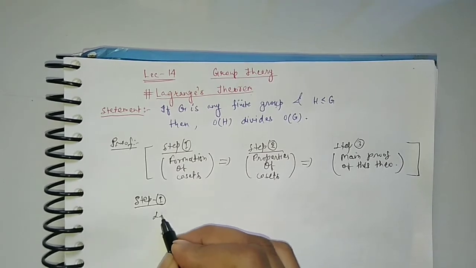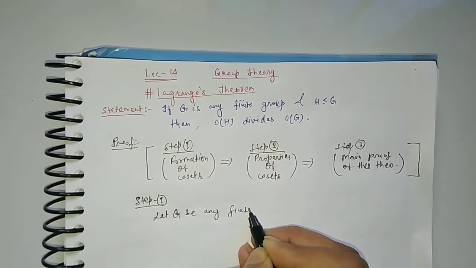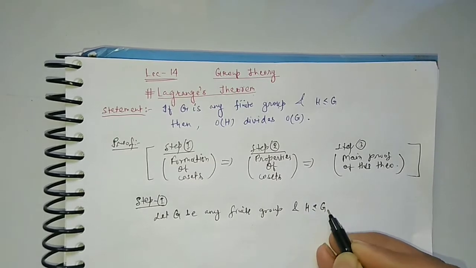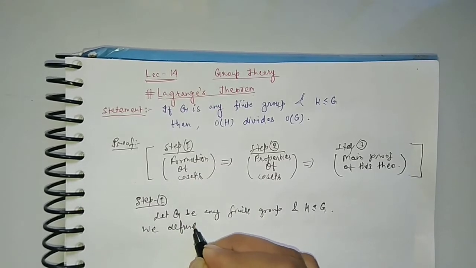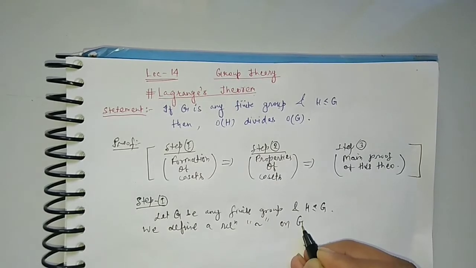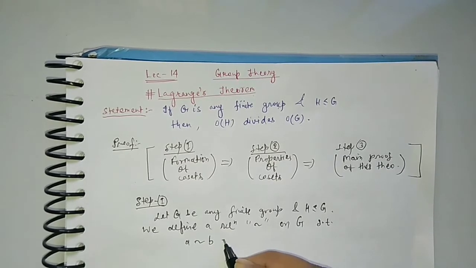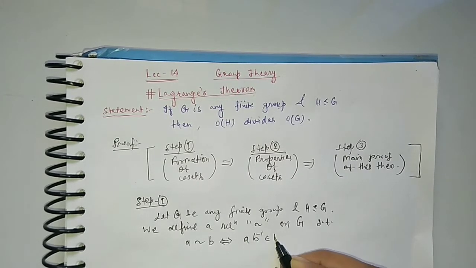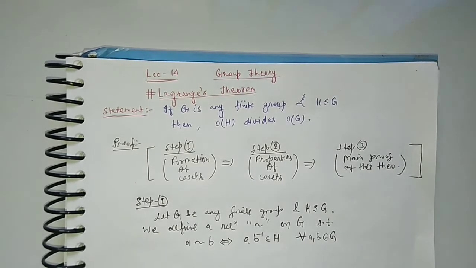So for this, let G be any finite group and H be any subgroup of G. We define here a relation denoted by this symbol on the group G such that A is related to B if and only if A B inverse belongs to the subgroup H for all A, B from the group G.